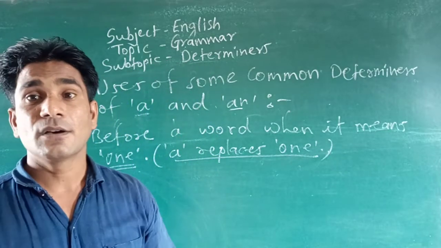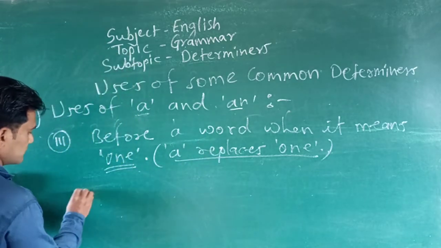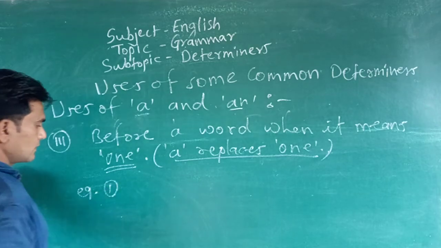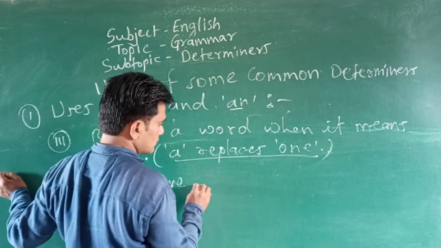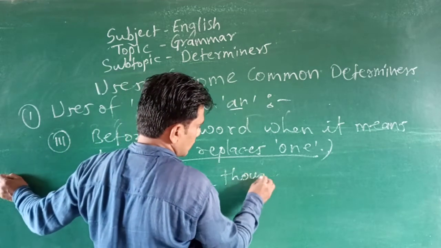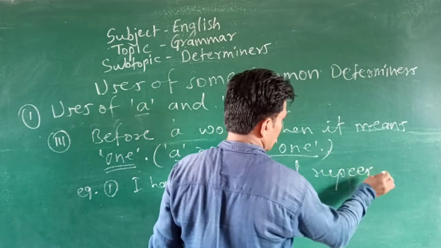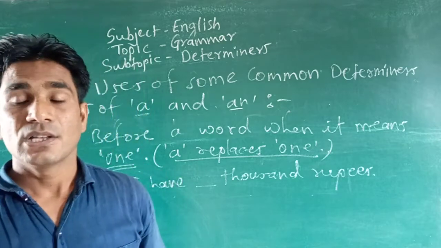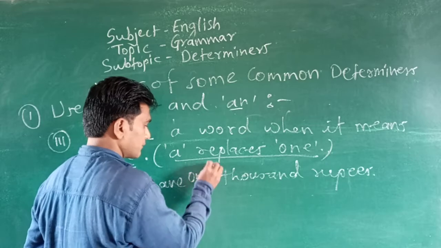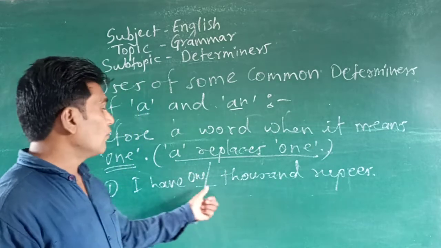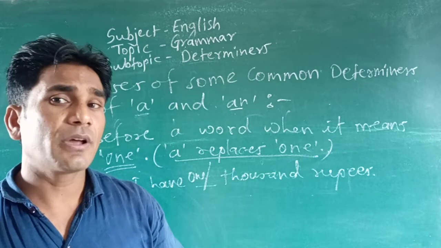Okay, a replaces one. For example, I have 1,000 rupees. Here we could say one. I have 1,000 rupees.